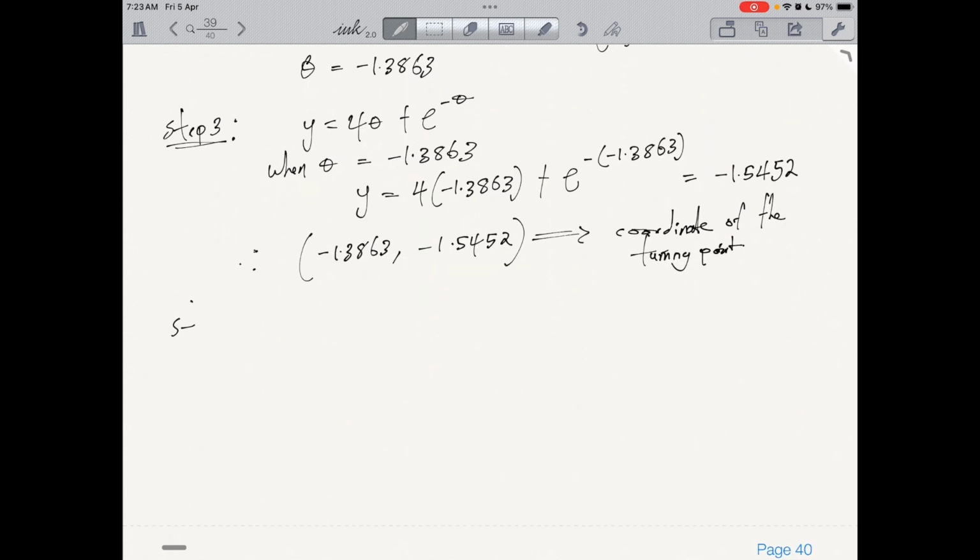And finally, in step 4, we are going to determine the nature. And we recall that if d squared y/dx squared, now in this case we are using theta, so we can say if d squared y/d theta squared is greater than 0, the point signifies a minimum point.